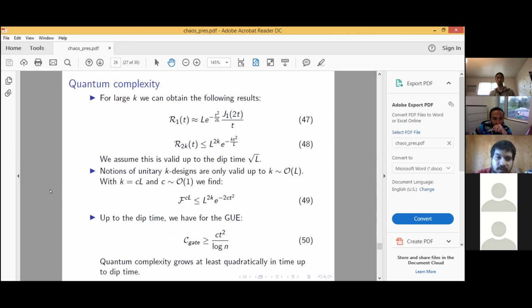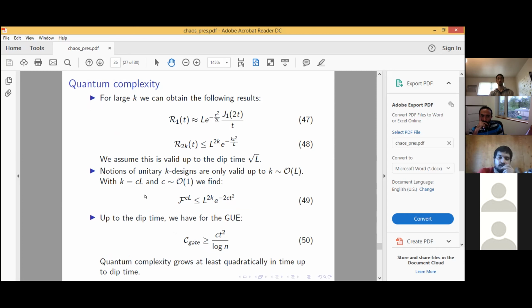For large k, we can again do a computation and bound the Bessel function. We write k equal to cl, because all these notions of k designs and Haar randomness are only valid up to k being of order n.